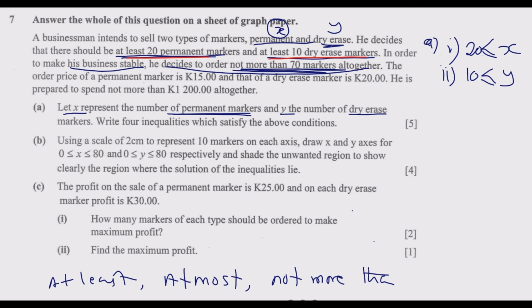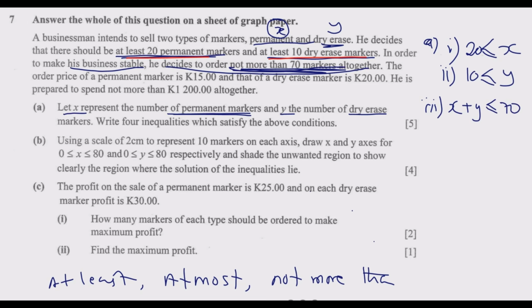So this tells me now that X, the permanent markers, plus Y, the dry erase, when I add them, the maximum they can be is 70. That's what not more than 70 means. 70 is the maximum value.